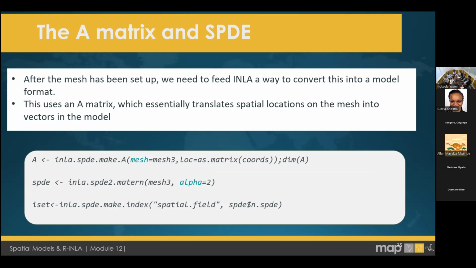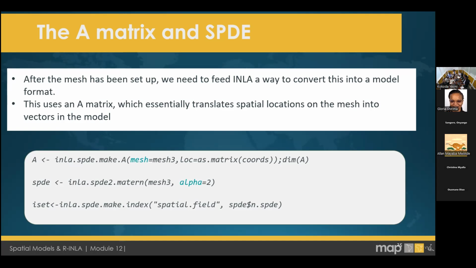I am describing the process, and after that we are going to practice in R. So after the mesh has been set up, we need to fit INLA and convert this into a model format. This is how you can define your A matrix, and the formula is here.